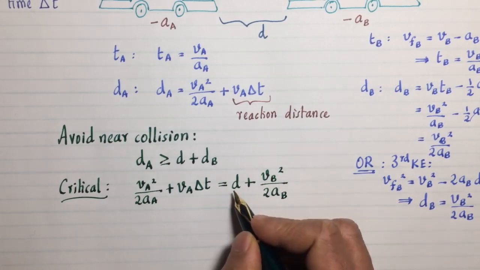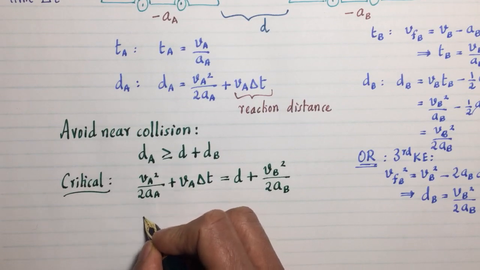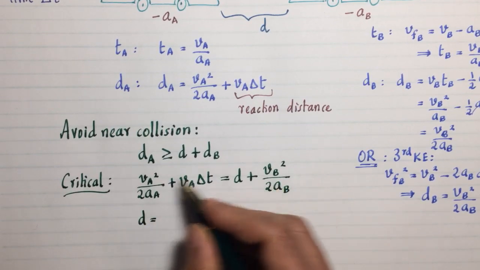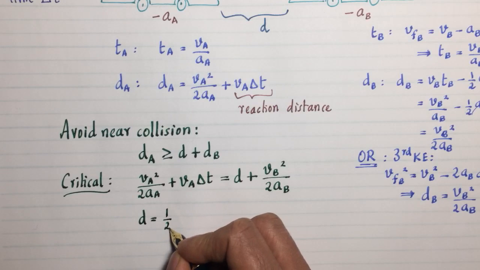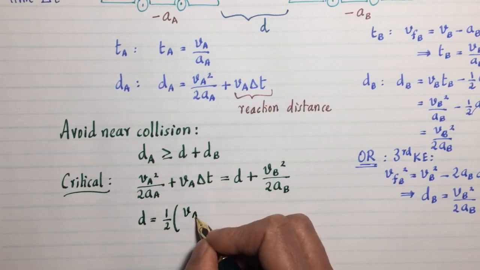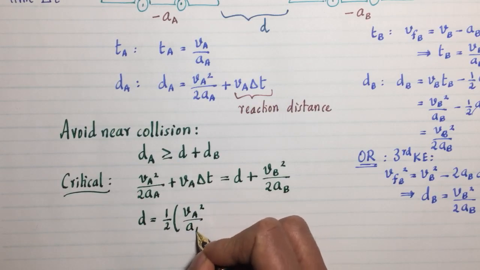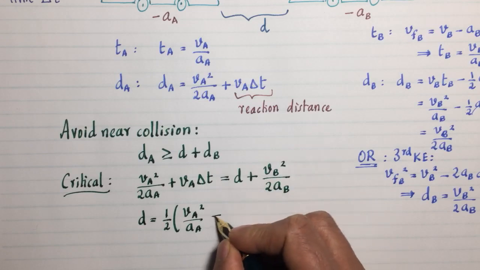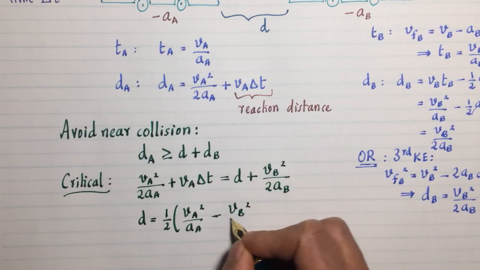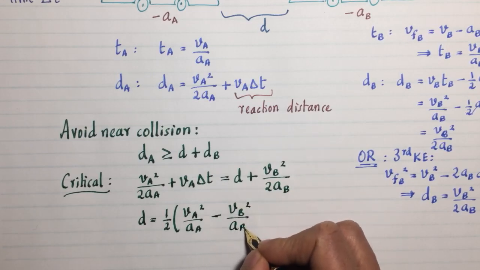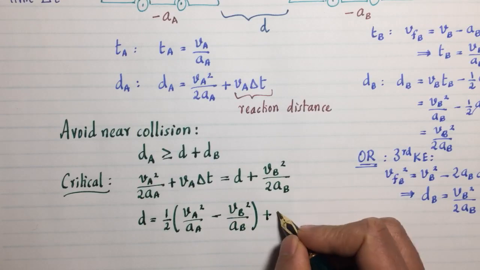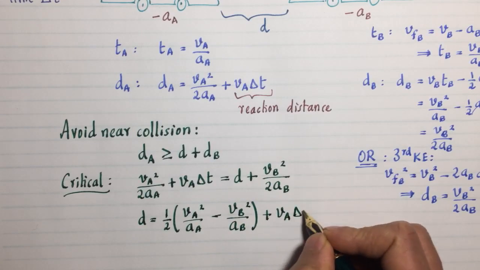I'm going to solve for D, the distance between the cars initially. So I'll take this to the other side. So I'm going to get 1/2 VA squared upon AA minus VB squared upon AB plus VA times delta t.